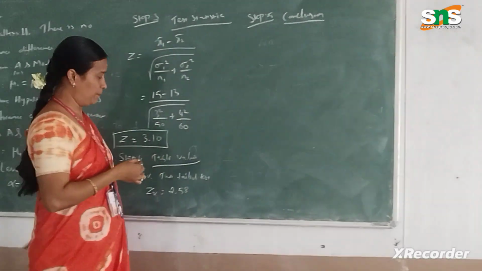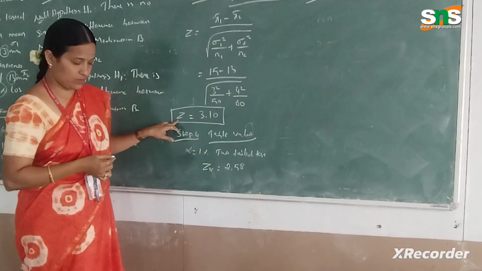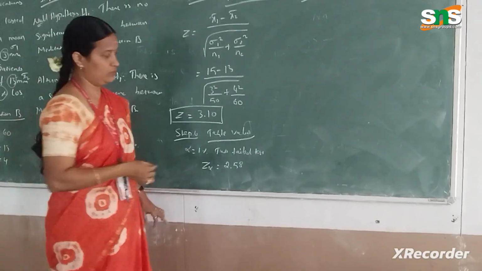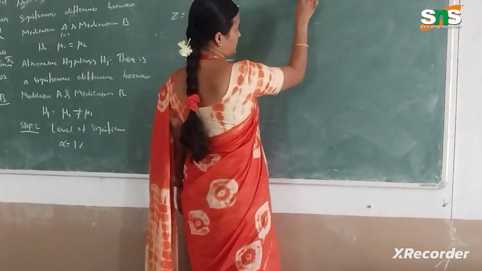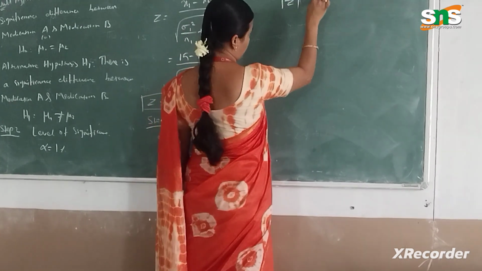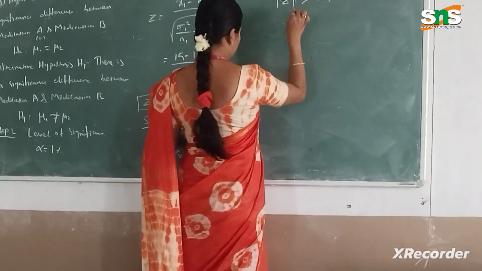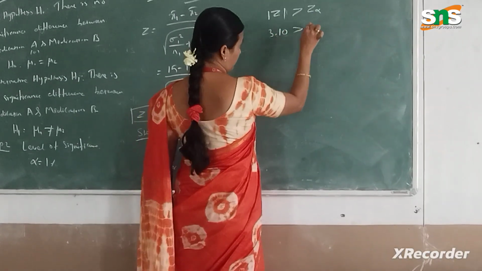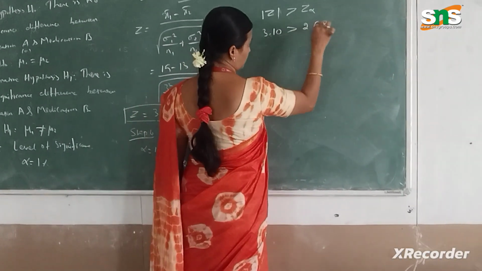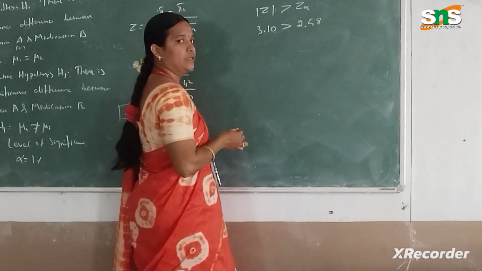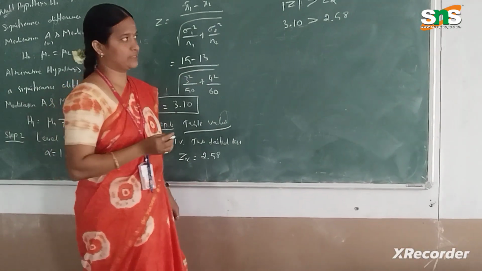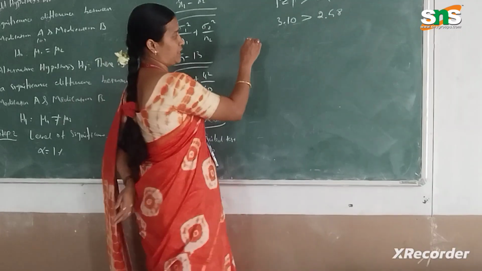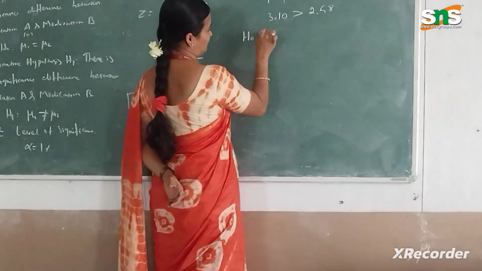Now I am going to compare my calculated value and table value. Look at the problem. The calculated value is greater than the table value. Modulus z is greater than z alpha, so 3.10 is greater than 2.58. So what is your statement? Here H0 is automatically rejected because my calculated value is greater than the table value.